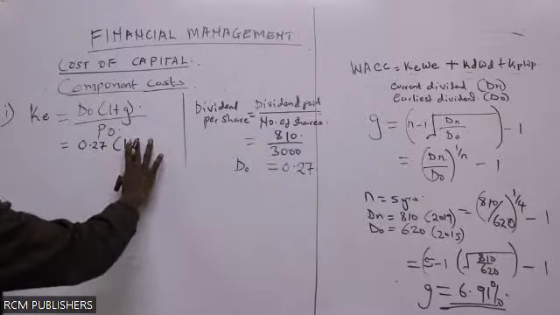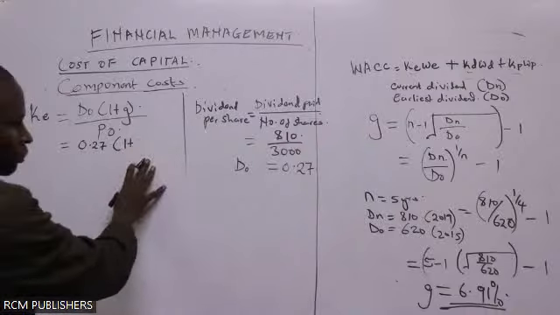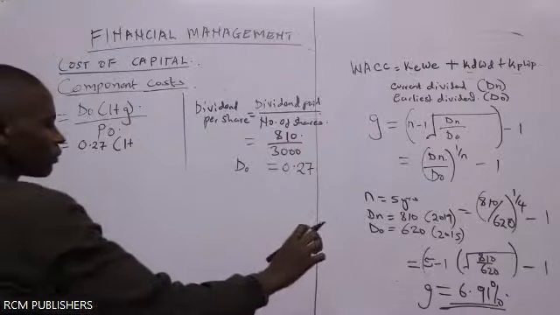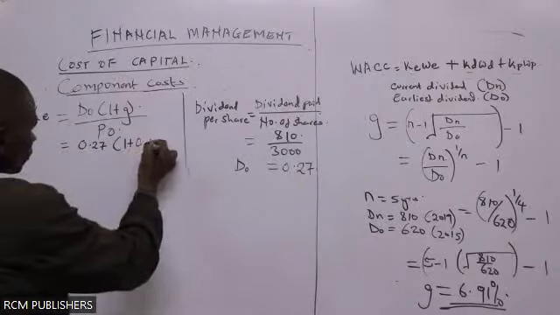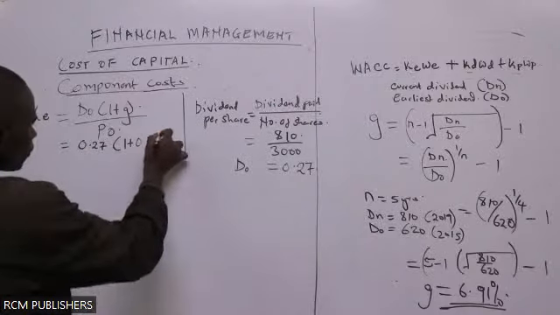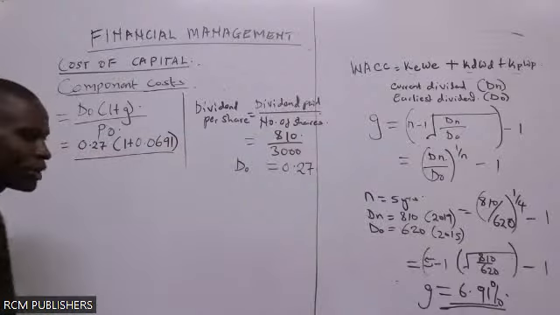Let me put it into decimal, 0.0691, and then I divide by what is our P0?